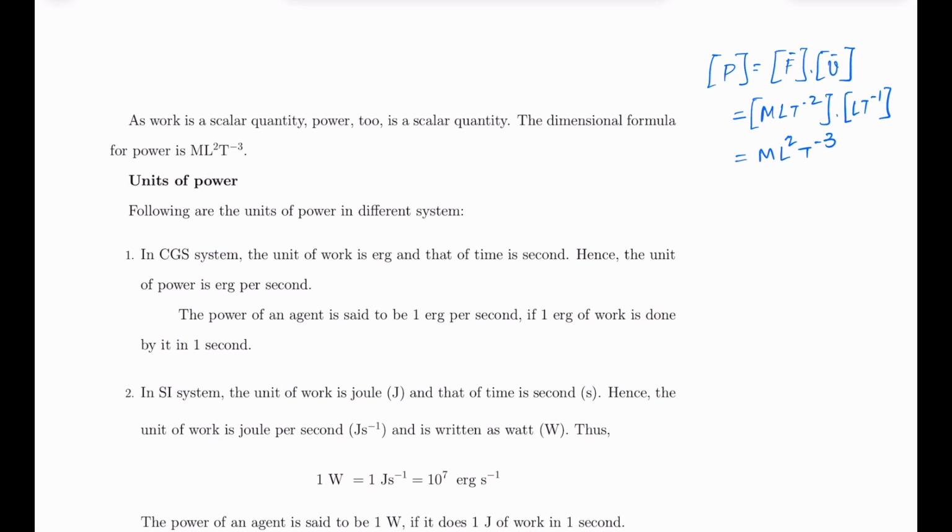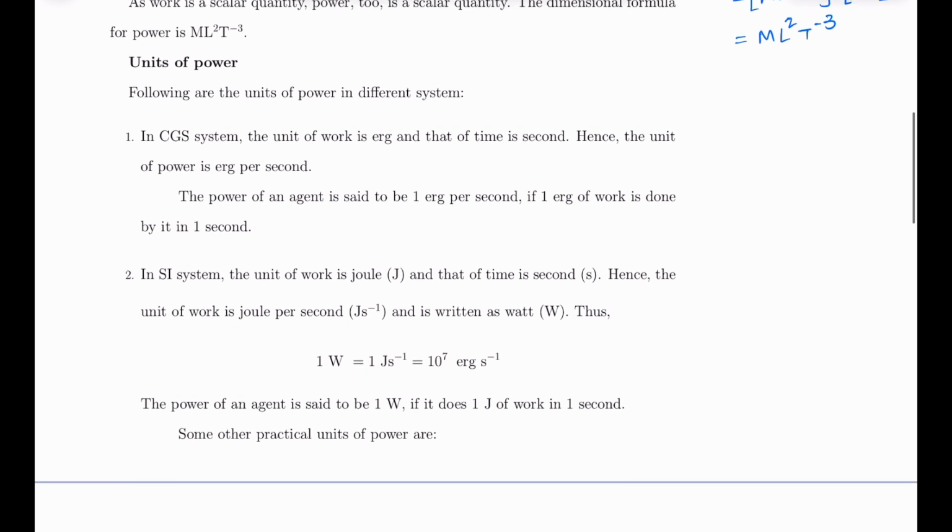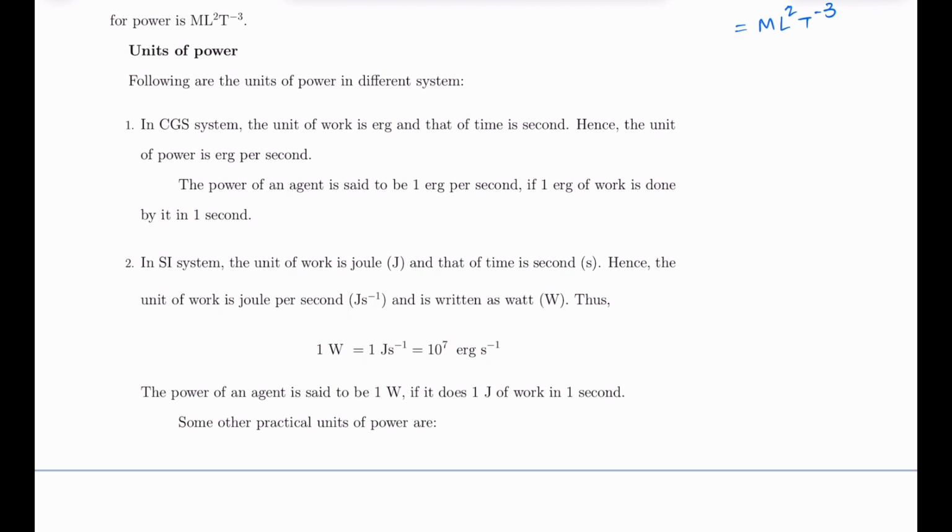ठीक है. अब आइए देखते हैं what are the units of power. CGS सिस्टम में देखते हैं पहले. CGS सिस्टम में हमारे पास वर्क को हम मेजर करते हैं किसमें.